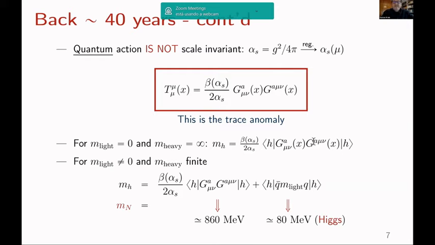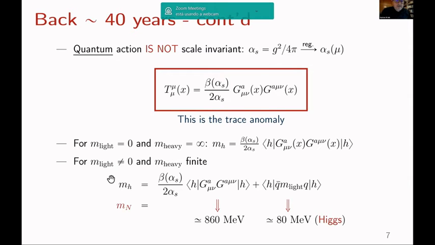It doesn't mean that quarks don't contribute here, because you still have quarks in your theory and they will contribute. Okay, some people try to separate the contributions from kinetic energy of quarks and gluons. But there are issues there that I don't want to enter into, regarding frame dependence and other issues.